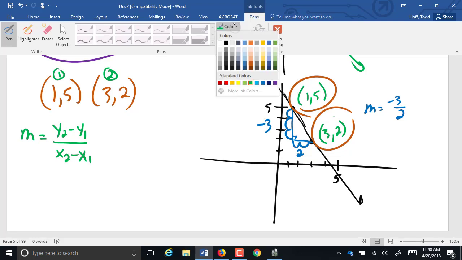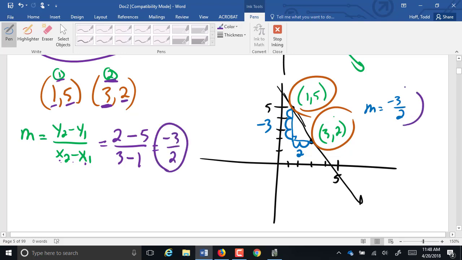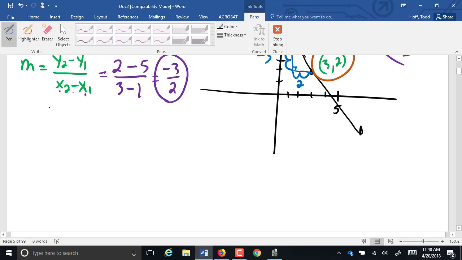And remember, pulling the numbers out of our coordinates, y2 means we go to point 2, the y coordinate, which is the 2 in this case, minus y1, go to point 1, the y coordinate there is the 5. So that numerator is 2 minus 5, that'll give us the rise. Our run then is x2, so point 2, the x coordinate, being 3, minus x1, point 1, x coordinate is 1. So 2 minus 5 is a -3, 3 minus 1 is 2, giving us -3/2. So that was our slope formula.